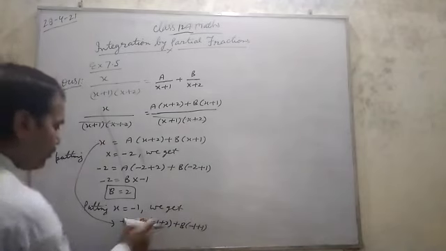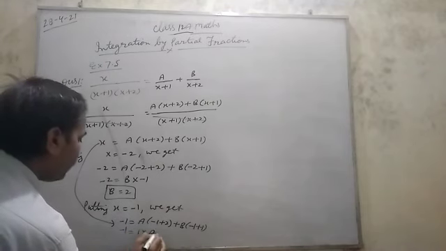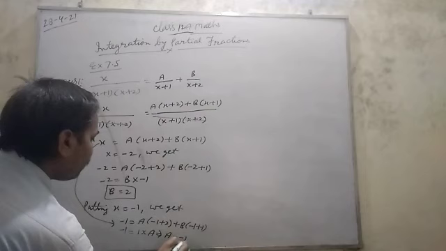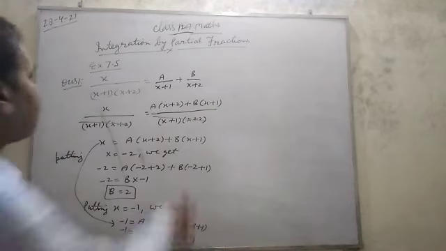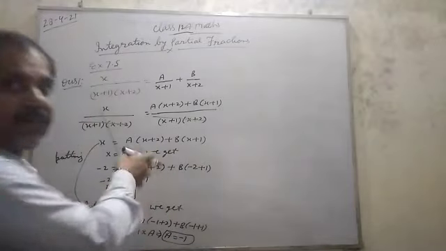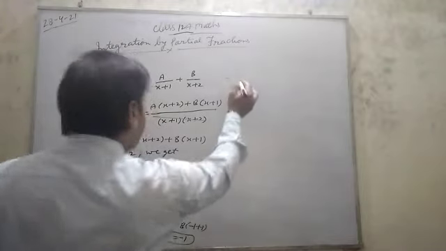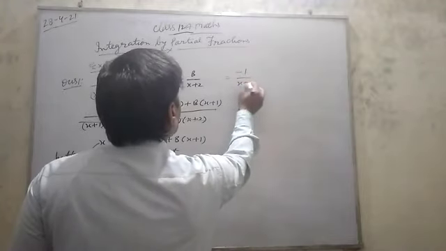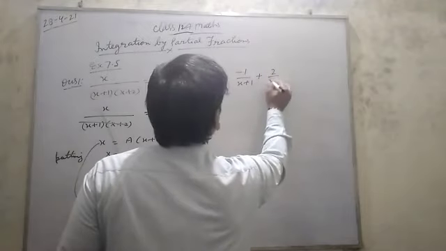This will be 0, so −1 = 1 into A, meaning A = −1. Clear? So in place of A and B now you can put. This you also have to do in your notebook. So A is −1 upon (x + 1) plus B, 2 upon (x + 2).